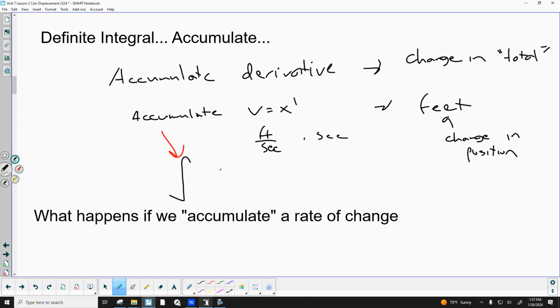You will accumulate your velocity, say your 3t squared, over your time interval. To denote your time interval, you will place numbers in order in your integral, where the bottom number is your start and your top number is where you're going to end.